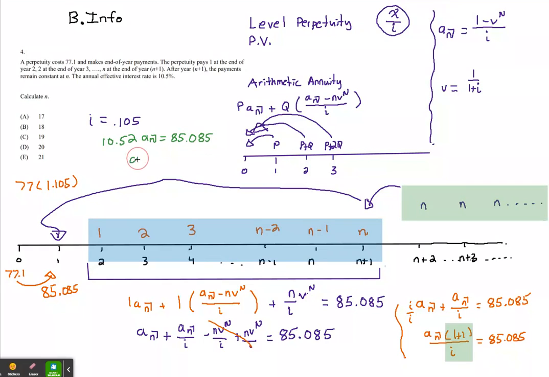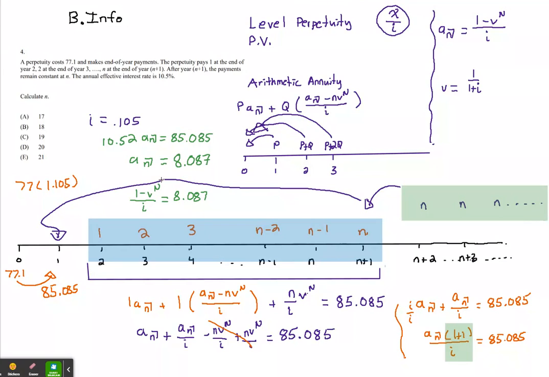So now we can get an expression for a angle n, and that's just 85.085 divided by 10.52. So I get 8.087. Then we can substitute the formula: (1 minus v to the n) upon i equals 8.087. You could also use a financial calculator.